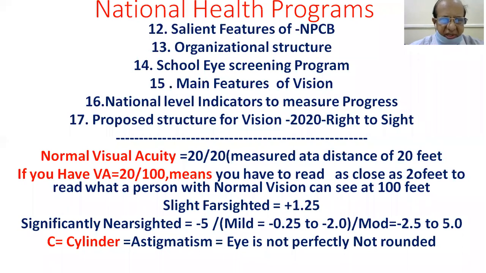And here nearsighted minus 5 means very significant, very severe rather. Whereas mild is minus 0.25 to minus 2, and moderate is minus 2.5 up to 5. And cylinder, of course, you know the prescription given by the ophthalmologist, they will write cylinder, astigmatism. That means the eye is not perfectly round. That's why the astigmatic error also should be corrected.